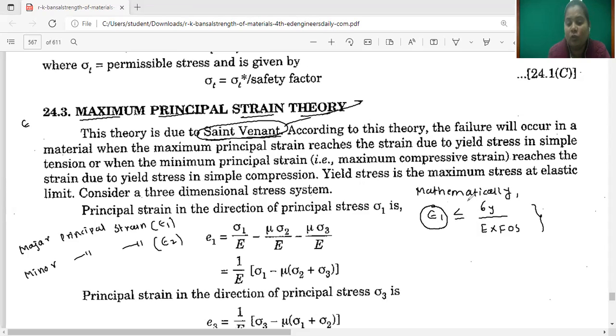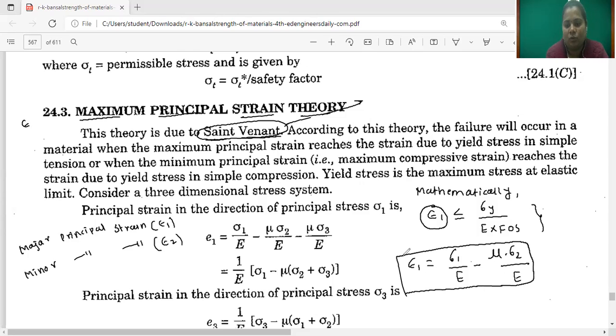This is related to epsilon 1. Now we will see by taking the effect of Poisson's ratio. Epsilon 1 equals sigma 1 upon E minus mu into sigma 2 upon E. This is the formula for considering Poisson's ratio. So you just remember this and this also.